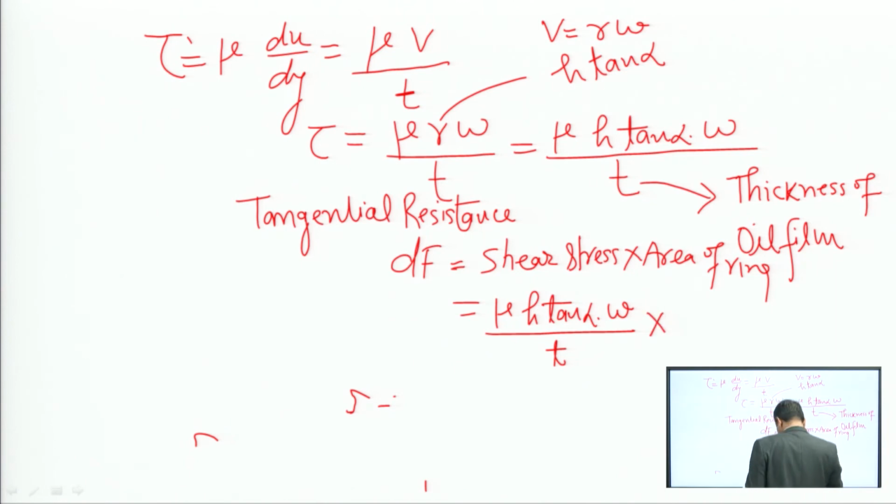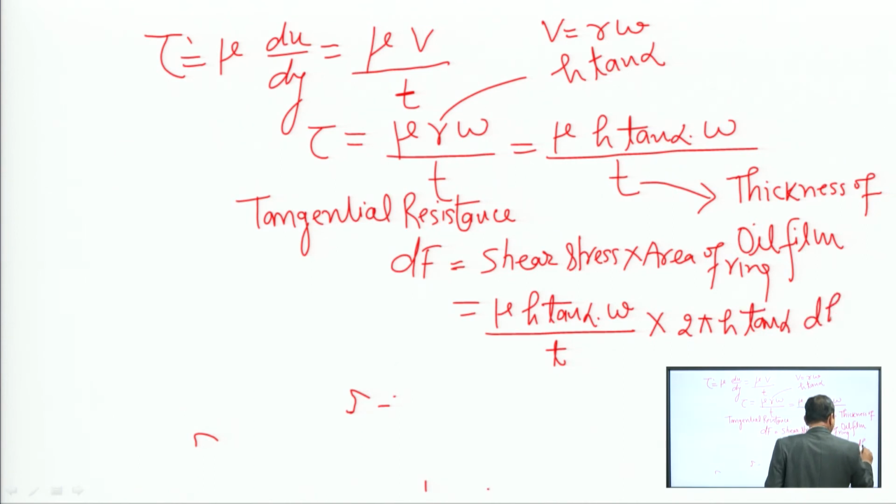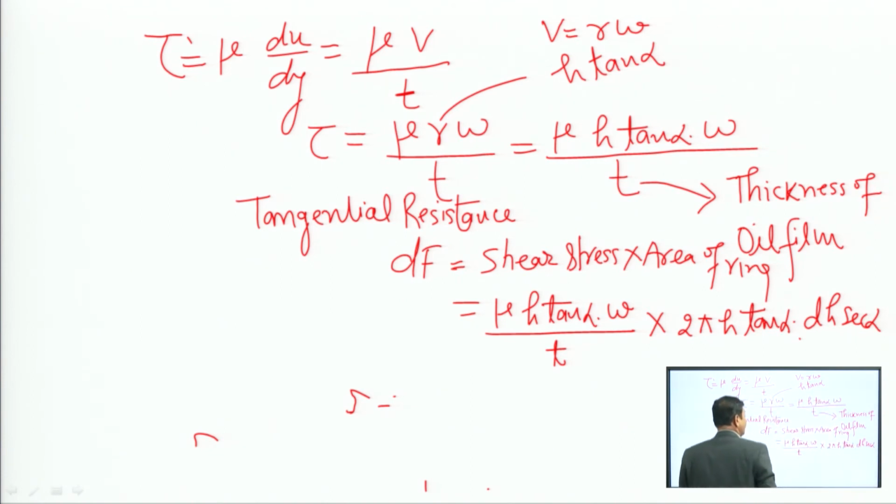What about the area of the ring? Already calculated: twice pi h tan alpha into dh sec alpha. So this is the force.